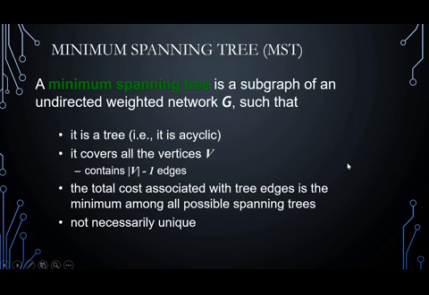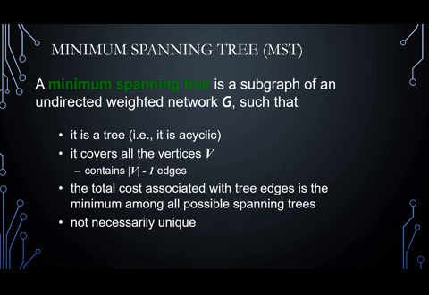So we will have a look at it in the example in the next slide. As I said, the minimum cost spanning tree need not be unique all the time. If you have 2 or more edges which have the same weight, then there is always a possibility that instead of picking edge number 1, you can pick edge number 2.